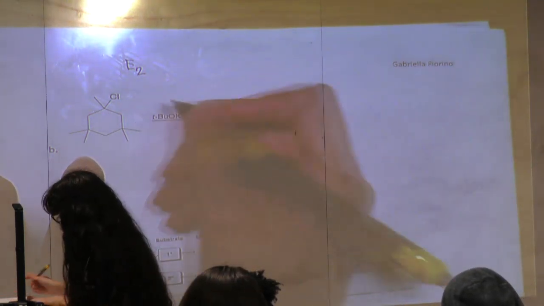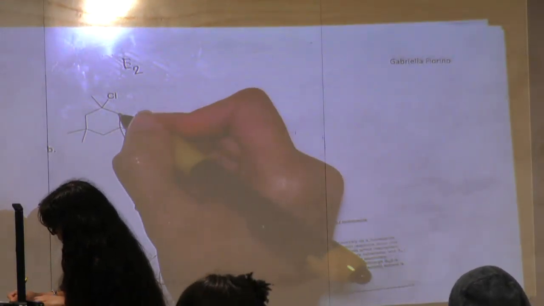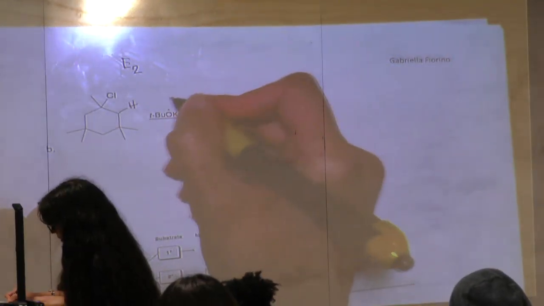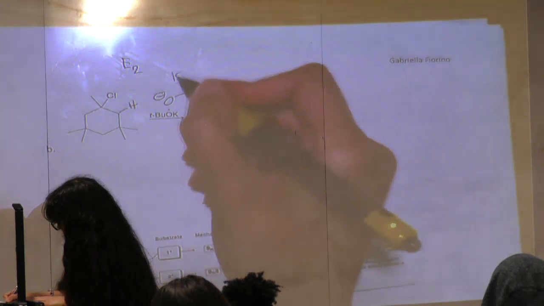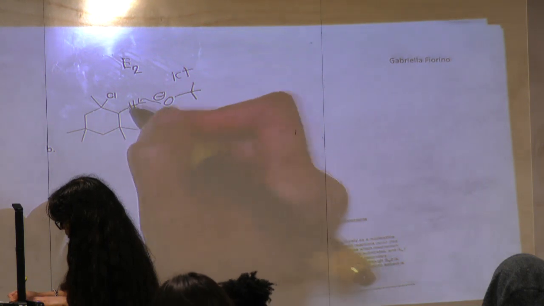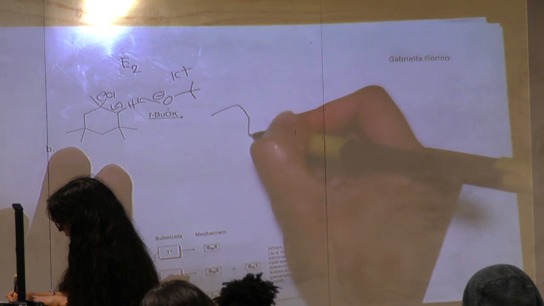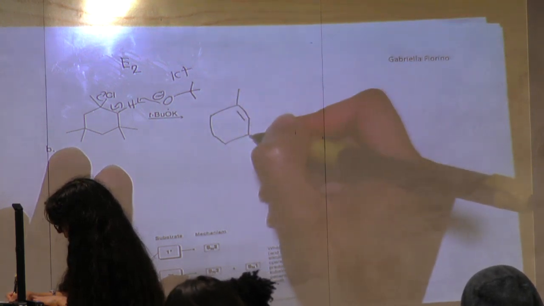So what happens here is kind of the same thing. We have our hydrogen hanging out over here. What the O here looks like is just this, tert-butoxide, with a positive potassium hanging out. It's going to pick off our hydrogen, which forms a double bond, and chlorine kicks off, and we get something that looks like this.